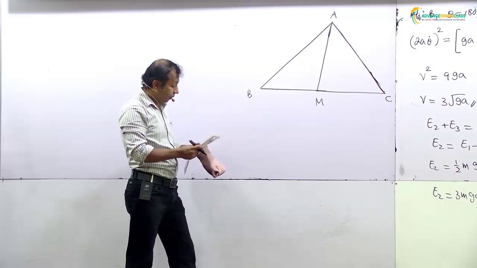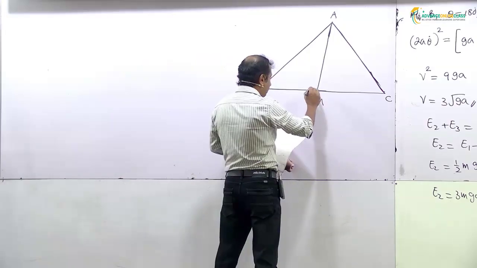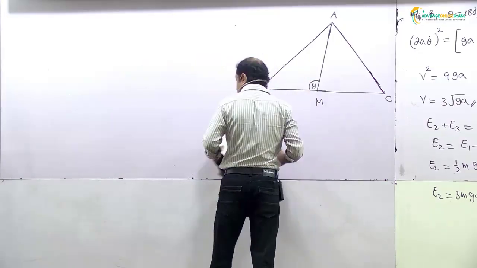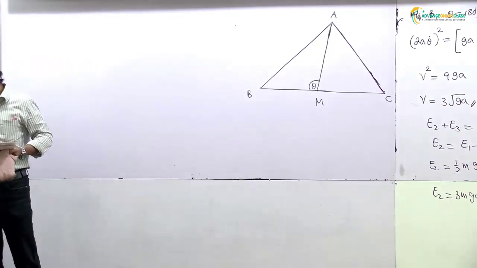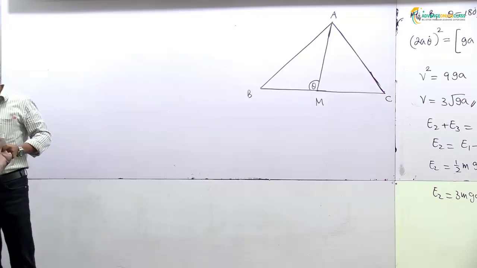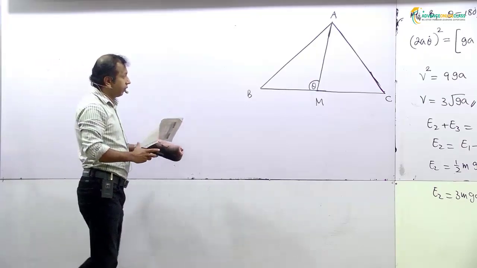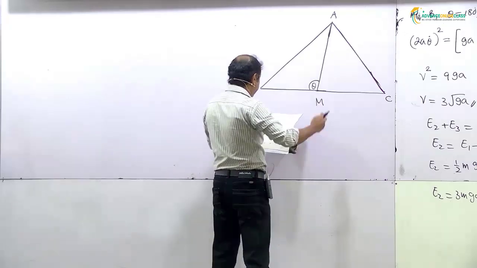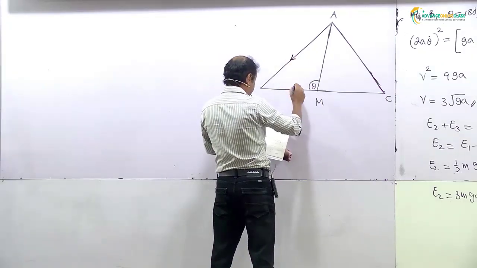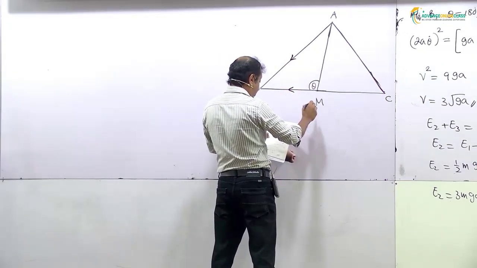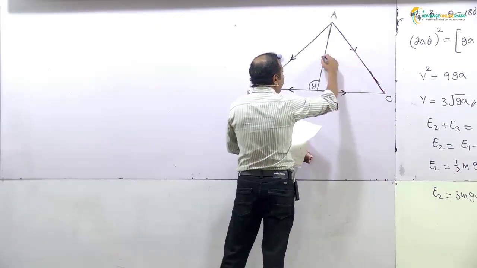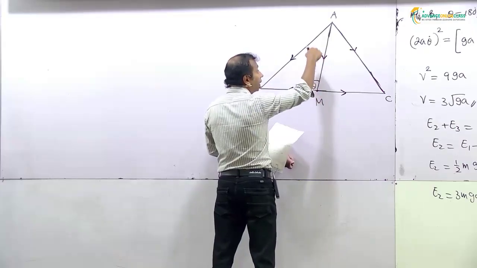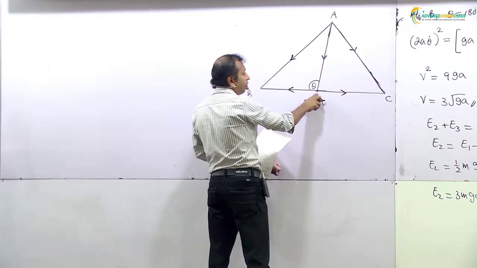I'll take this angle to be theta. This is theta. This is AB vector. Since AM is a median, M is the midpoint.